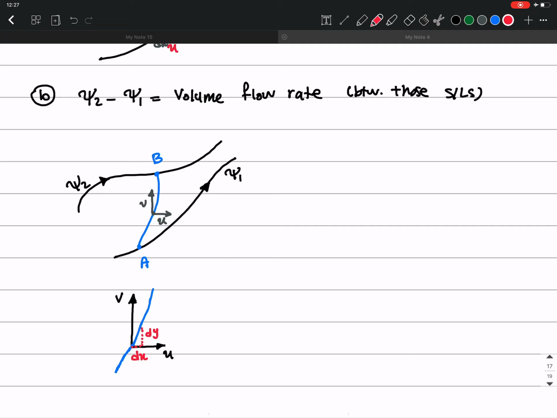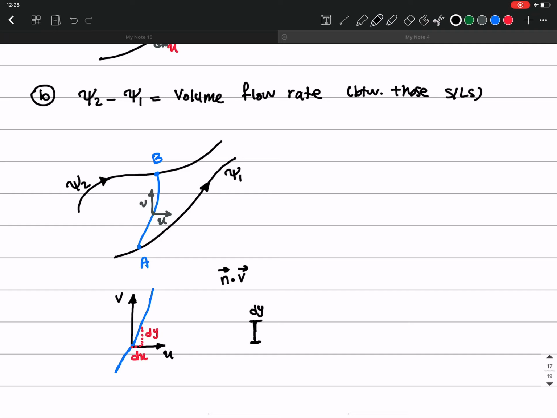Okay, so you see, we can decompose it into two parts. So for the element dy, first of all, we want to calculate this mass flux that is going over this, right?